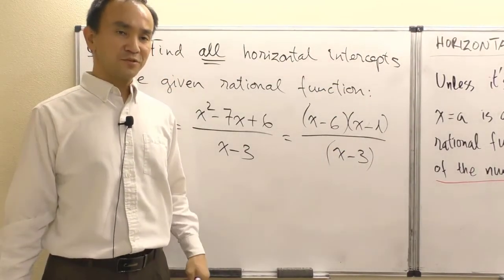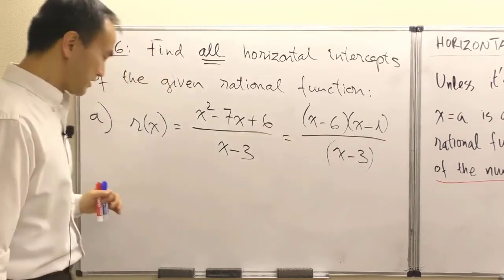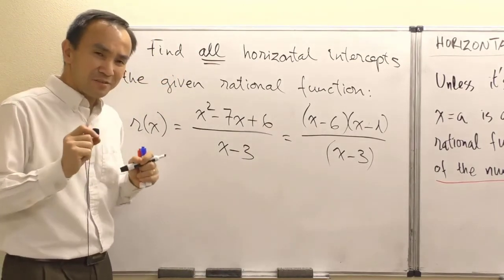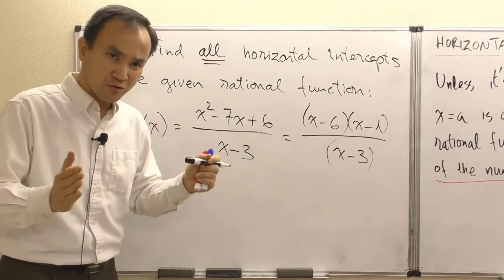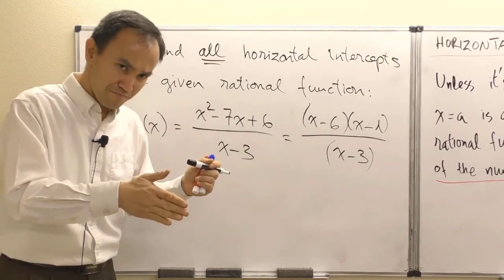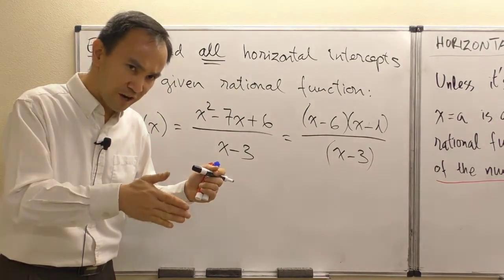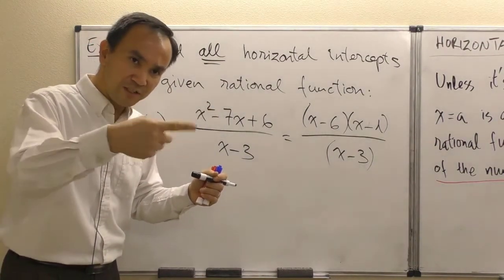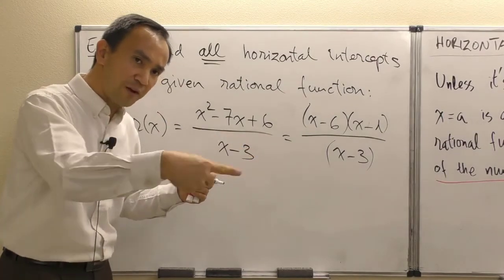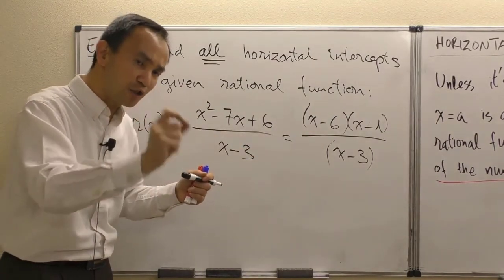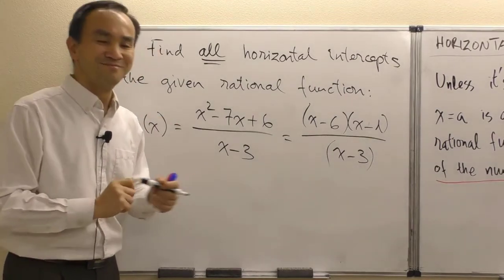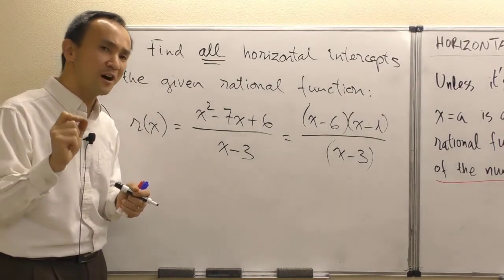All right, so like I said, the logic here is we first have to find all zeros of the numerator. Among those candidates, we're going to filter out those that are also a zero in the denominator. Have a thought for a moment right here.